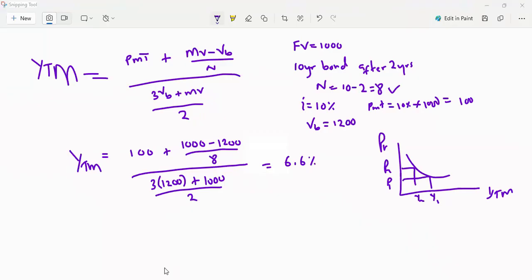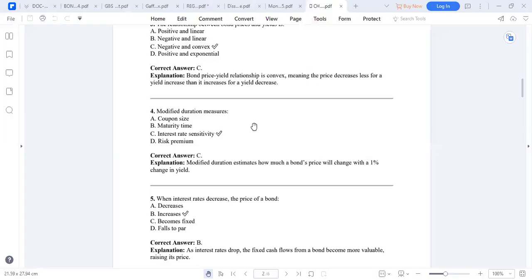So go to question number 4. A modified duration measures what? Coupon size, maturity time, interest rate sensitivity, or risk premium.